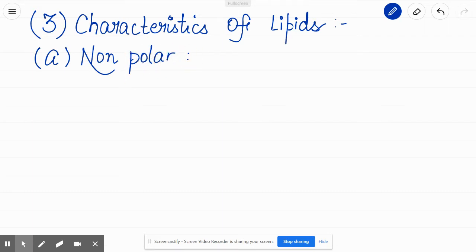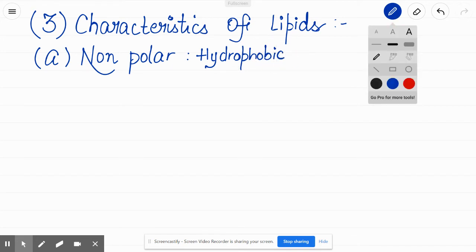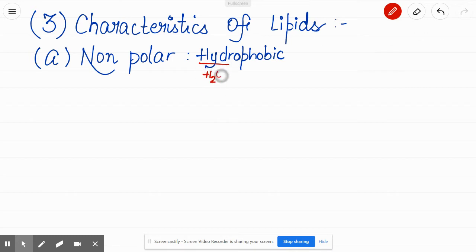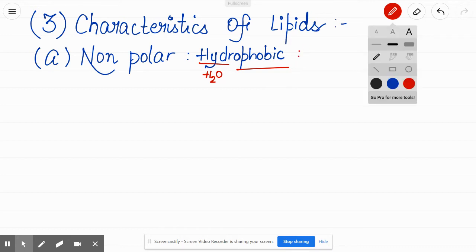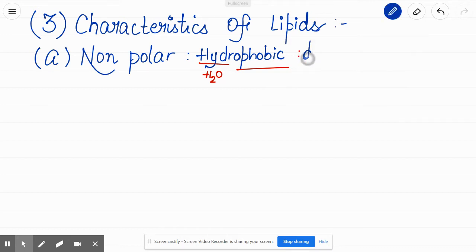And nonpolar basically means they are hydrophobic. Now, hydrophobic means hydro stands for water, H2O, and phobia means fear. So they do not mix very well with water, is the basic idea. They do not mix well with H2O.